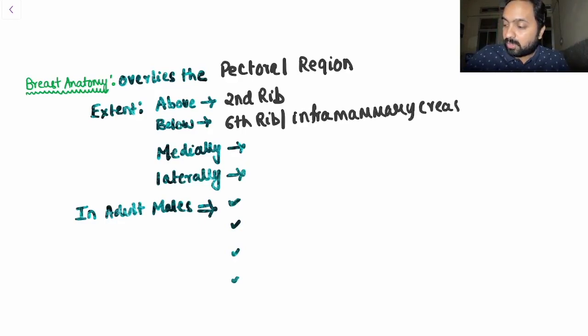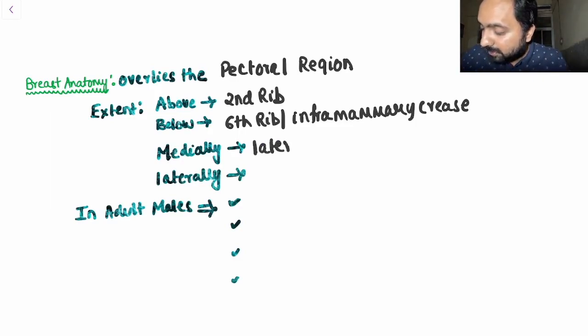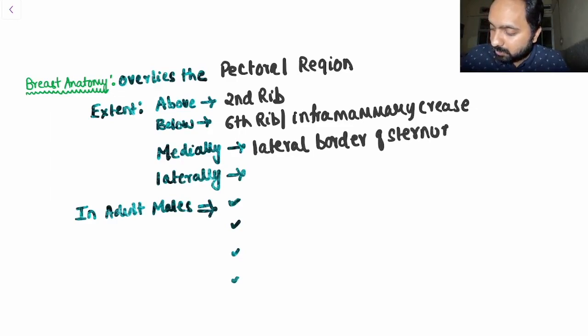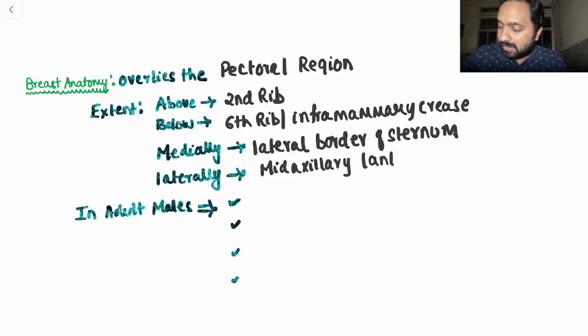It is very important for us to know the extent of the breast, and even MCQs can be framed from here by asking which of the following is true with respect to the extent of the breast. So it extends medially up to the lateral border of sternum, and laterally it extends up to the mid axillary or your anterior axillary line.